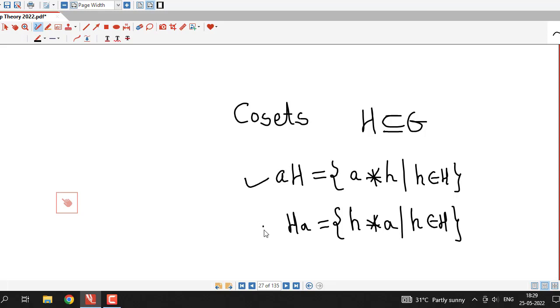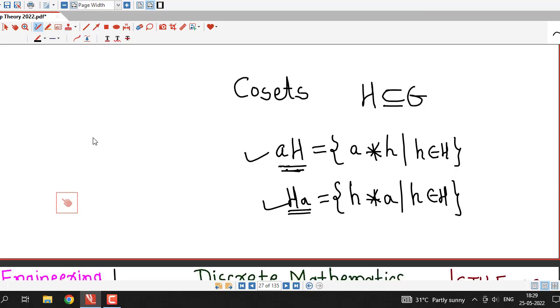And we have seen how to find out left and right cosets, and we have seen that for some subgroups left and right cosets are equal, and for some subgroups they are different. Now suppose for some subgroup H, every left coset is equal to the right coset corresponding to the element a.